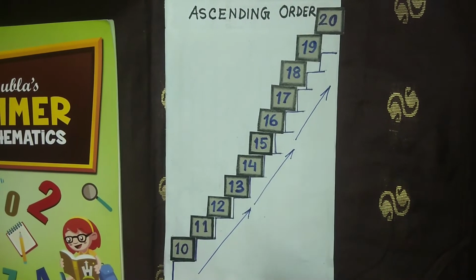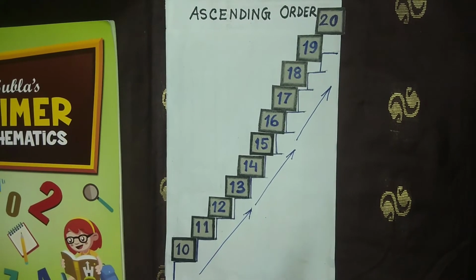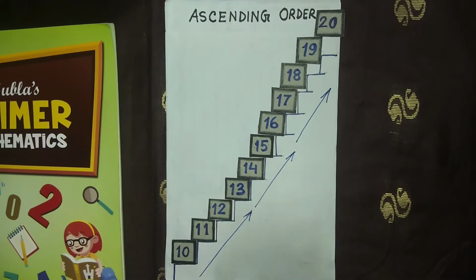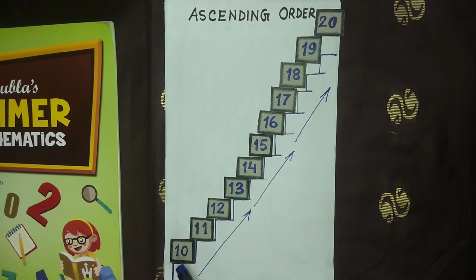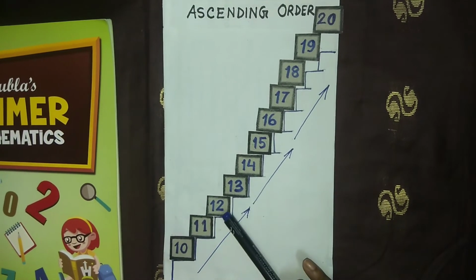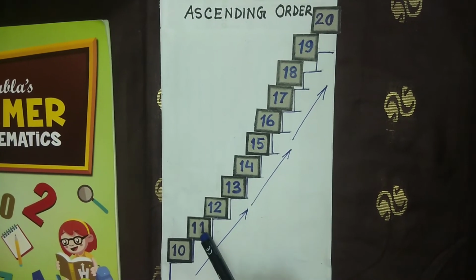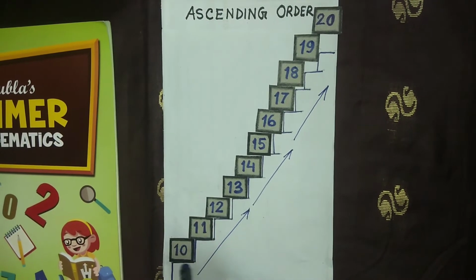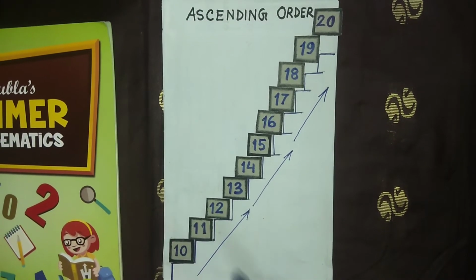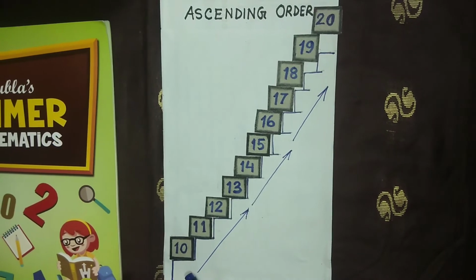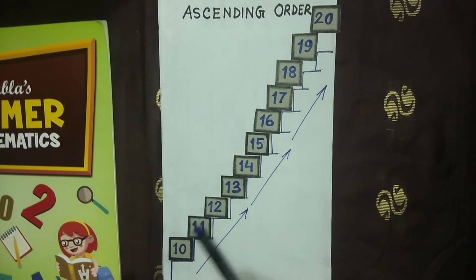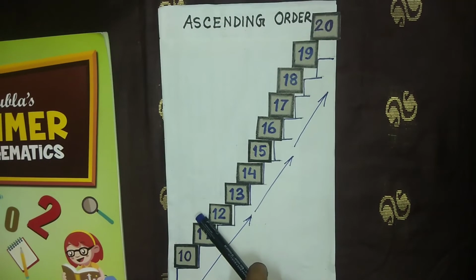I have already told you but again I am saying this. Here 10, 11, 12: 12 is bigger than 11 and also 10. But the smallest one is 10, and 11 is the immediate number after it.